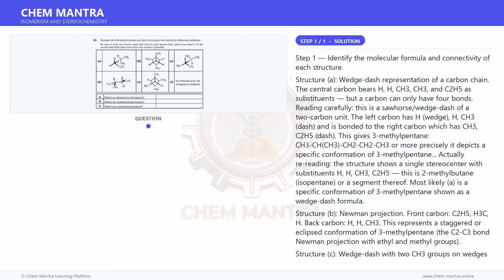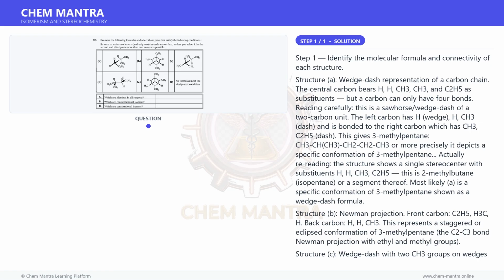The left carbon has H, wedge, H, CH3, dash, and is bonded to the right carbon which has CH3, C2H5, dash. This gives 3-methylpentane, CH3CH(CH3)CH2CH2CH3, or more precisely it depicts a specific conformation of 3-methylpentane.